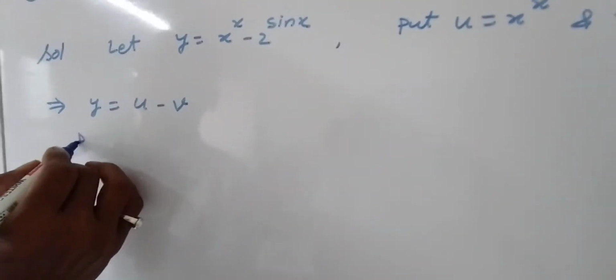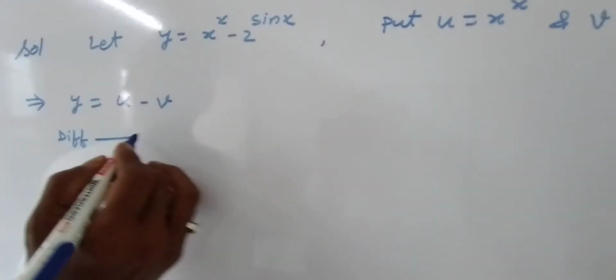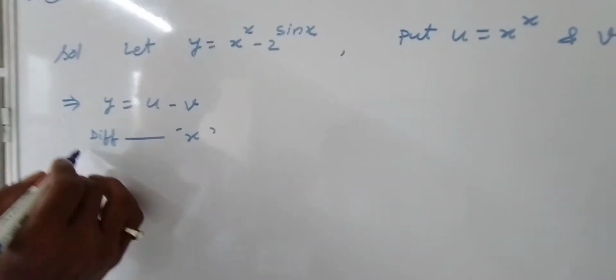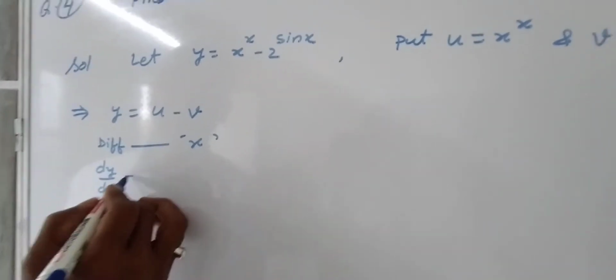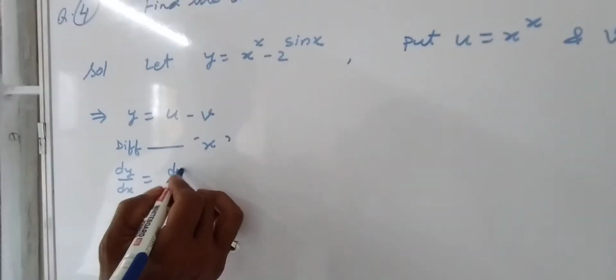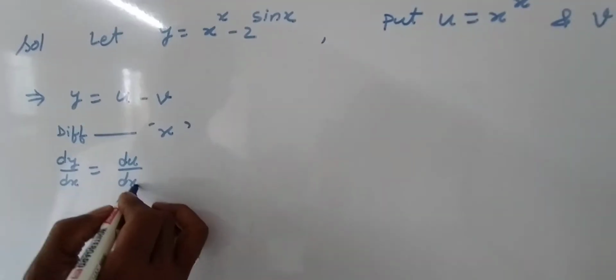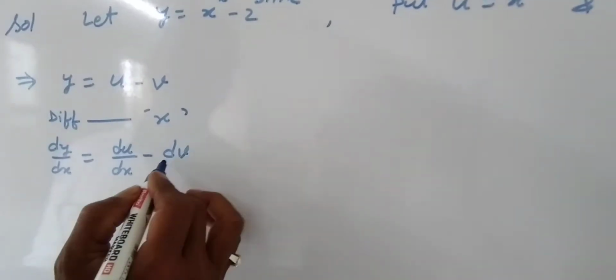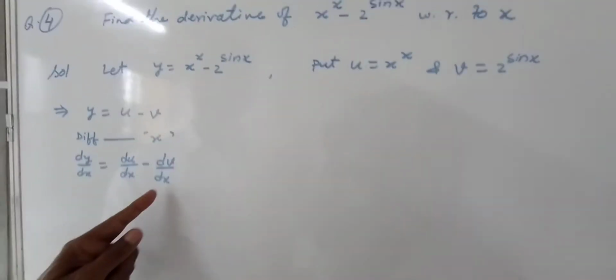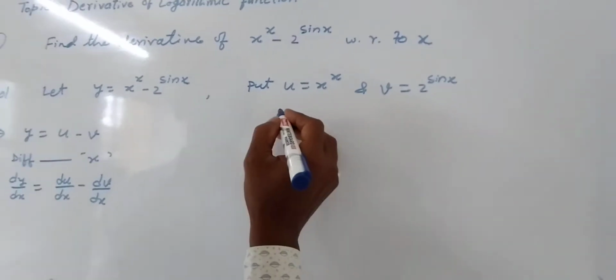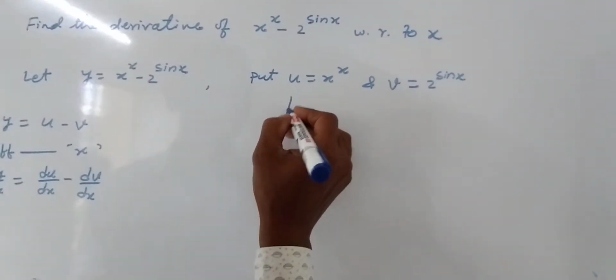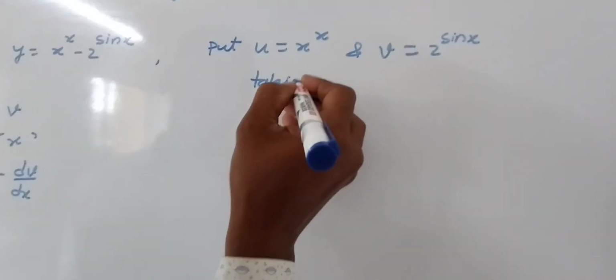Now differentiating both sides with respect to x. Derivative of y with respect to x is dy by dx equal to du by dx minus dv by dx. So we have to find du by dx and dv by dx. So in this function, if we take log both sides, function will become easy.